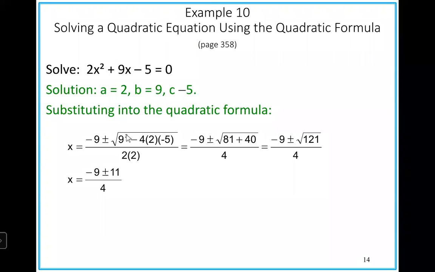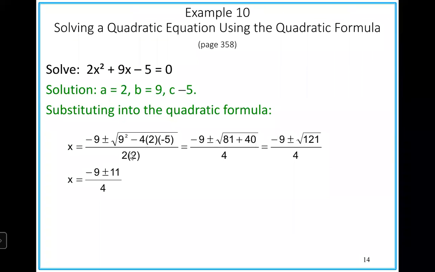So now we're going to have negative 9 plus or minus the square root of 9 squared, which is 81. And then minus 4 times 2 is 8, minus 8, and minus 8 times negative 5 gives you a positive 40. Okay, and then we are going to add the 81 and the 40.